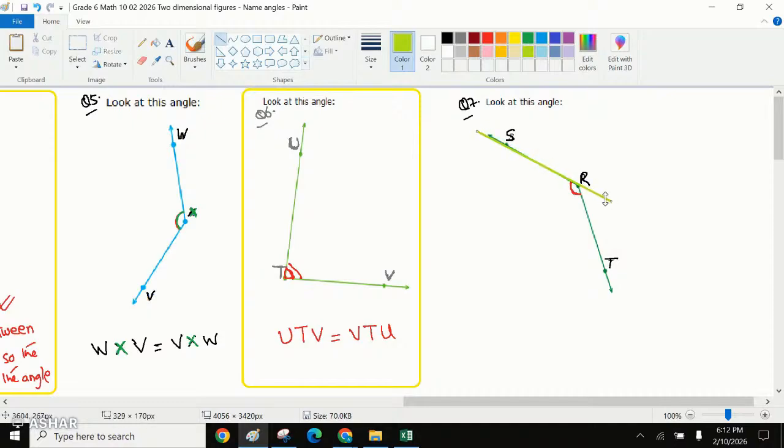If we have two lines which are intersecting, the lines would be intersecting at the point R. Perfect, right? It would be intersecting at point R. That means it could be S, R, T or T, R, S. Okay.